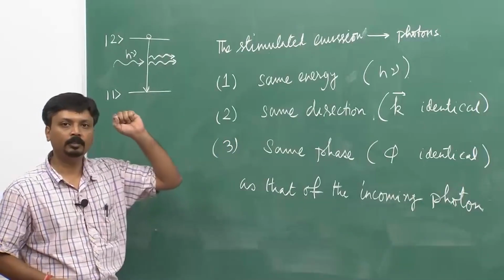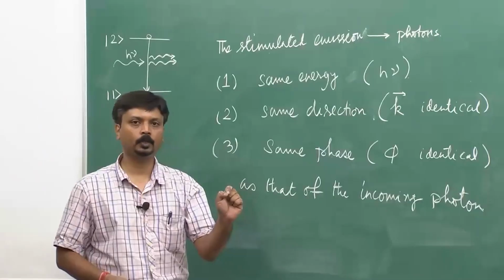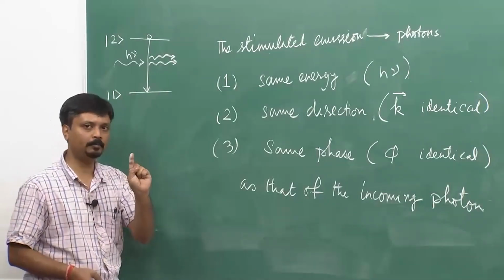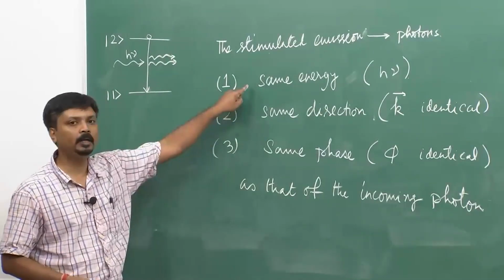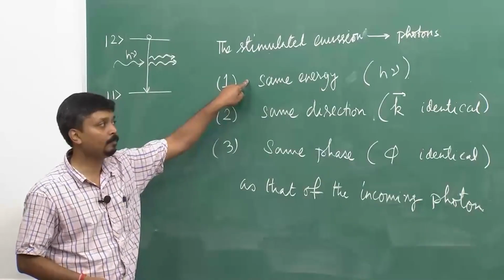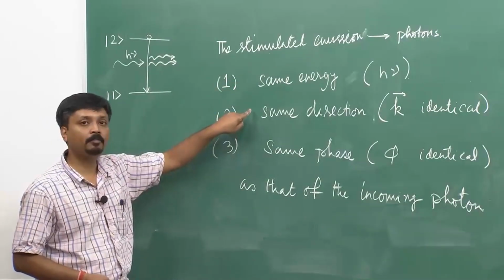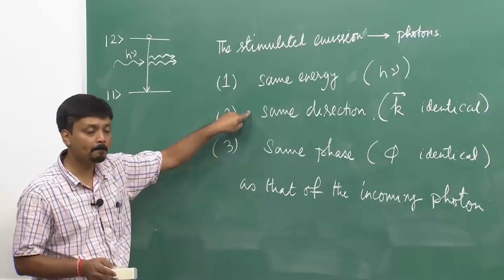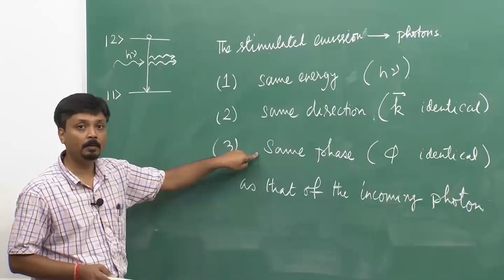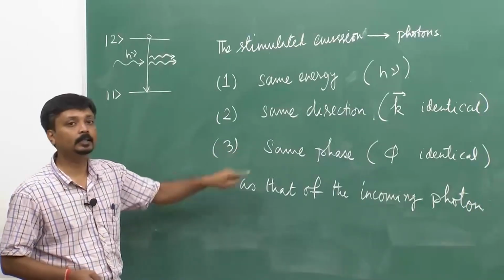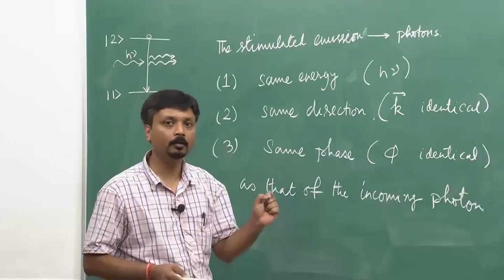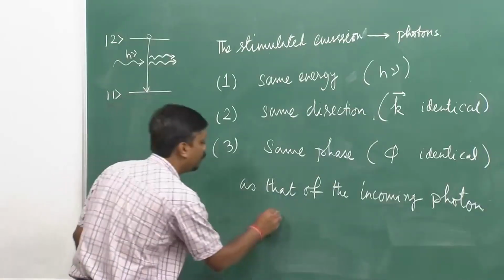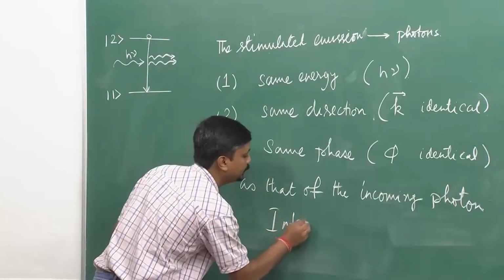They are of the same frequency. So, there will be only one frequency of light coming out, that means they will be monochromatic. They will have the same direction, so they will have directionality, they will act as a beam and they will be coherent. So, this is a wonderful thing, right.